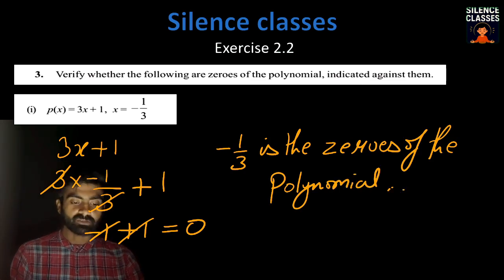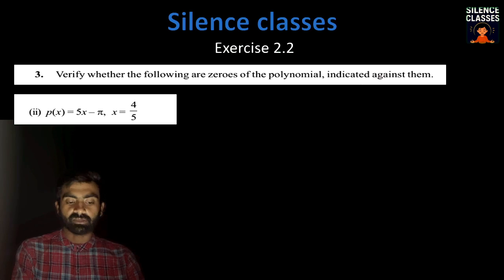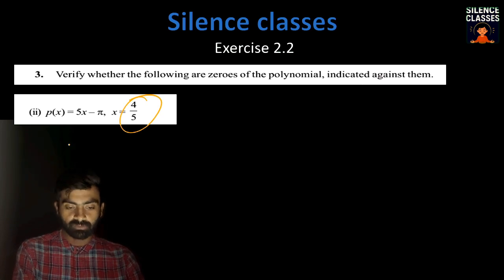Now let's move to the second part. It is written 5x minus pi, where x is equal to 4 upon 5. It means in place of x we have to put 4 upon 5.